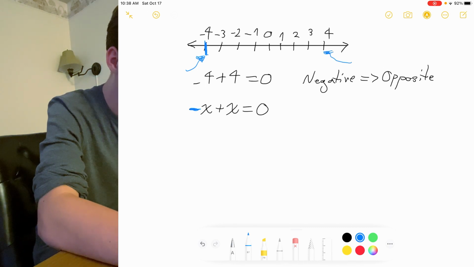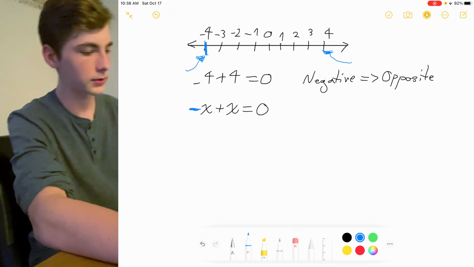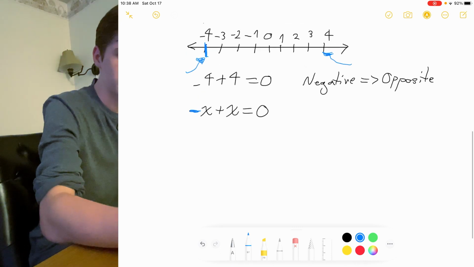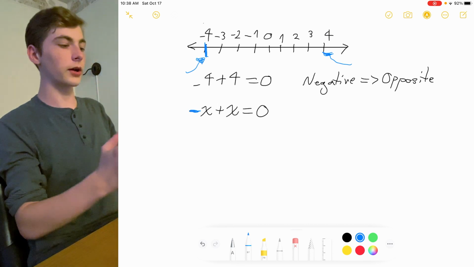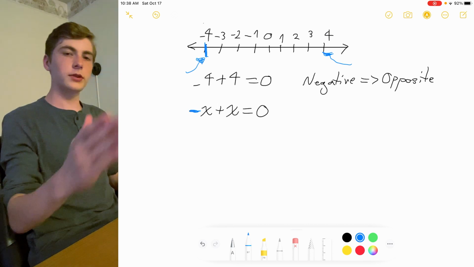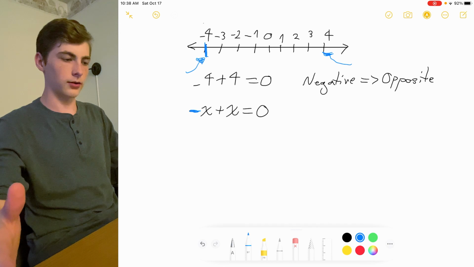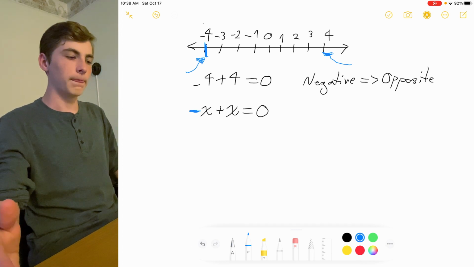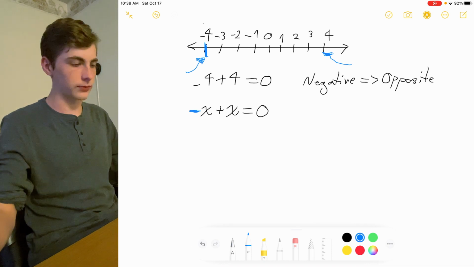So the -4 is exactly opposite to the +4. And that's part of the nature of how negative numbers work: whenever you add the negative to the positive, you get 0, because they are exactly the same distance apart from 0, but they're in different directions, right?